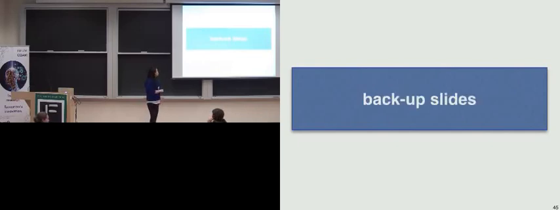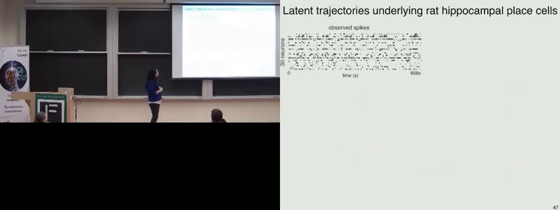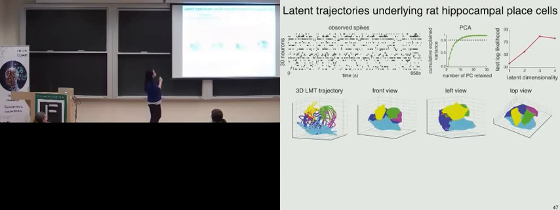Yeah, that's a good question. Actually, I have some backup slides. The example I showed previously is only 2D, and I didn't say how I got this. That's in my first paper. But later I've done a bit more on the spectrum data here. I'm doing a type of cross-validation, which is called co-smoothing, to select the best latent dimensionality.